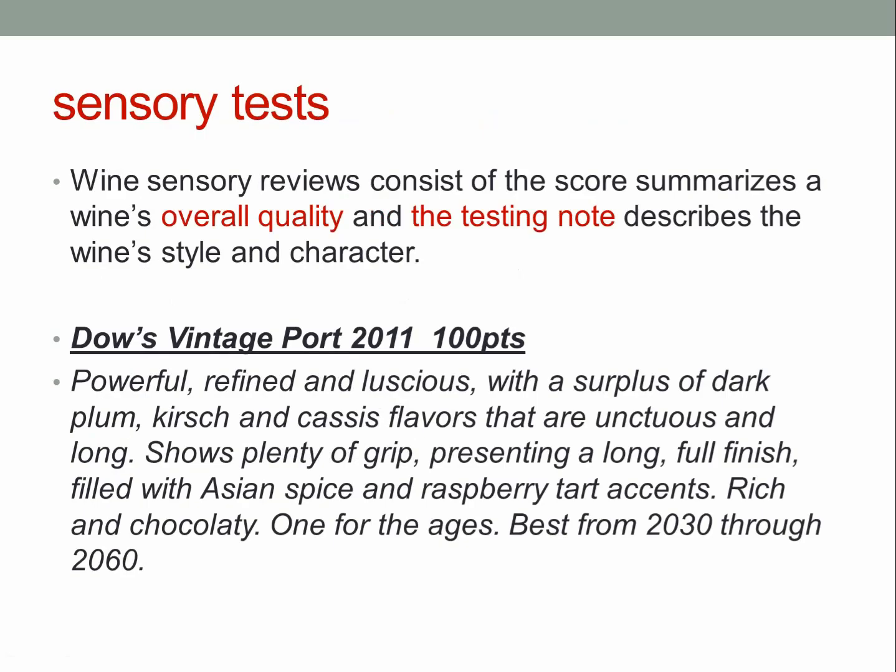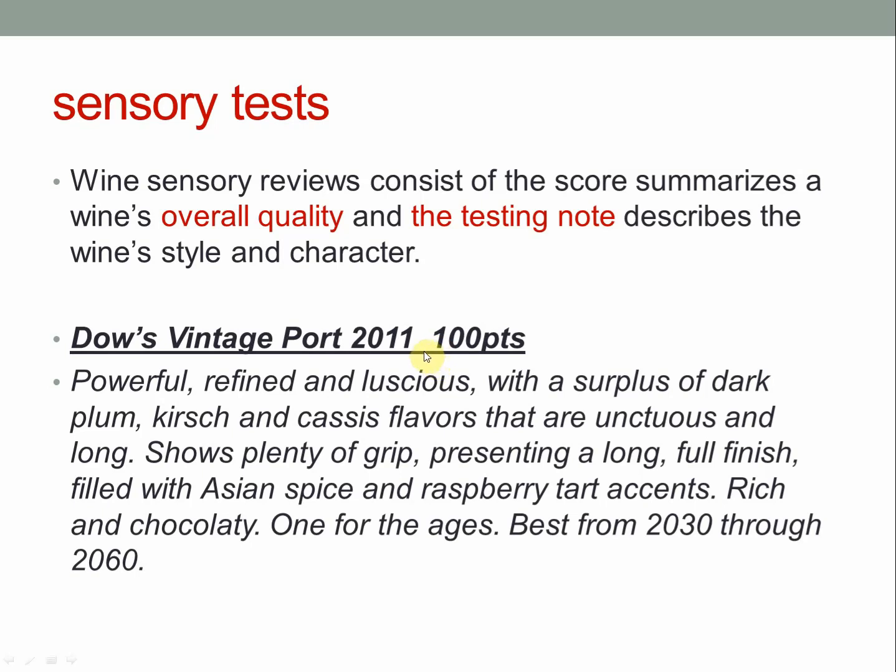So, wine sensory reviews. Looking at an example, the wine we are looking at is called Dow's Vintage Port 2011. It has received an exceptional 100 points, indicating this is a perfect wine.